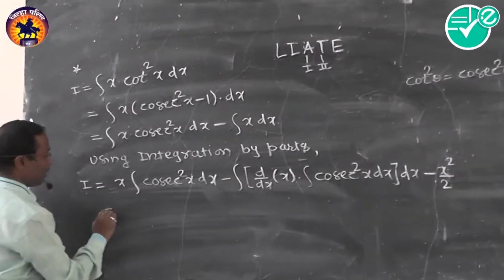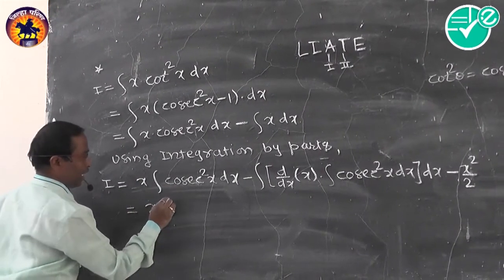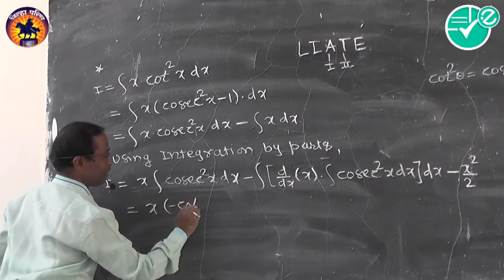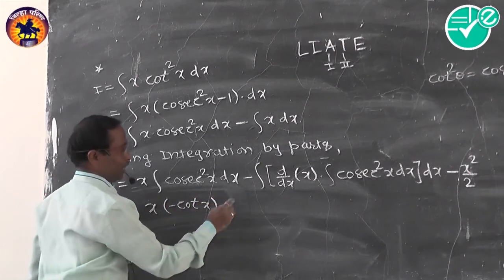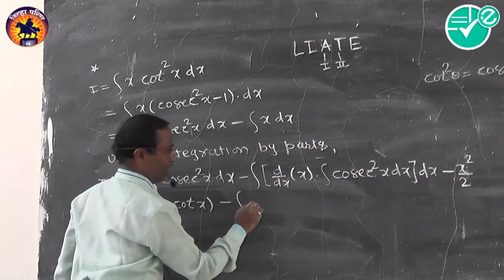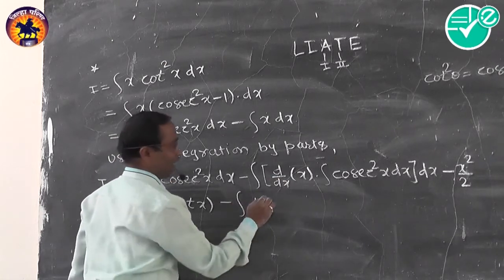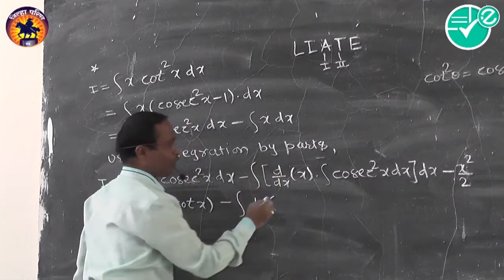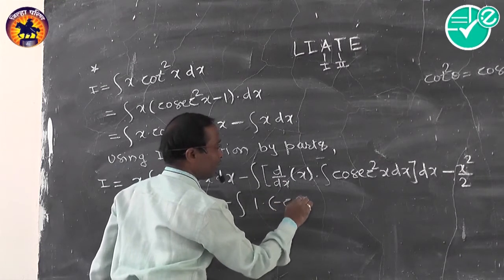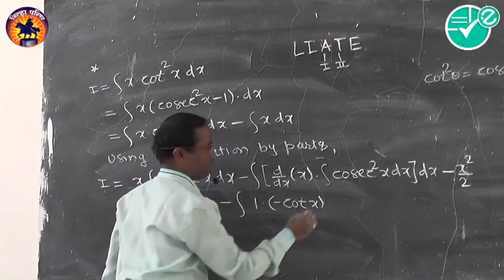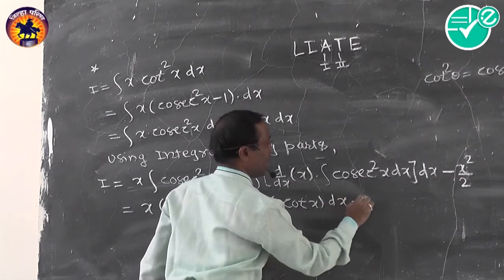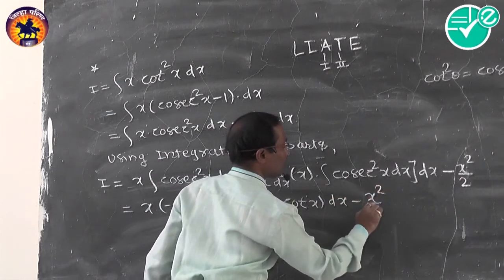We get x into integration of cosec square x, which is minus cot x, minus integral of derivative of x, which is 1, into integral of cosec square x, which is minus cot x, dx, minus x square by 2.